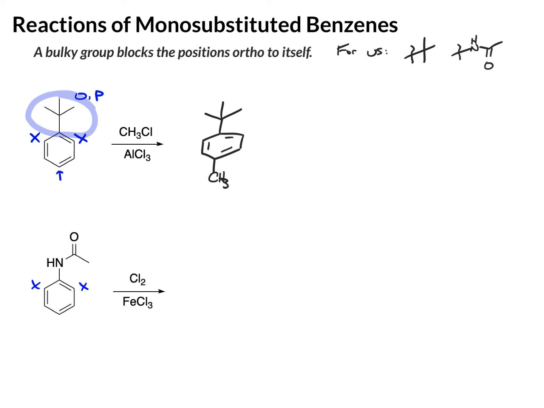So if we take this, and this is a moderate activating group because of the lone pair on the atom next to the ring, and it's an ortho-para-director. Well, the ortho positions are blocked out. But if we do the reaction, we can get a para product.